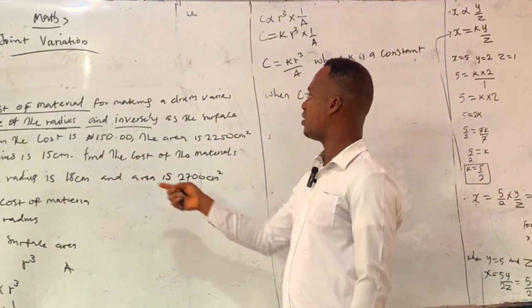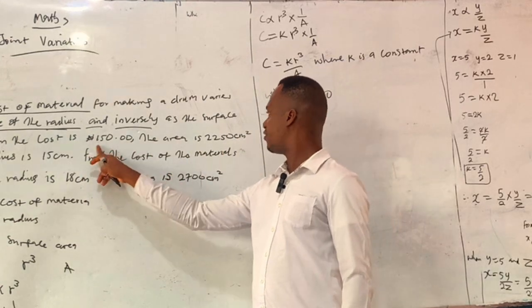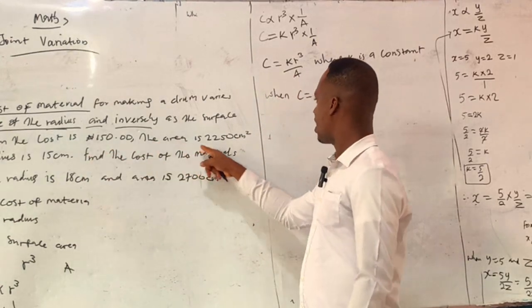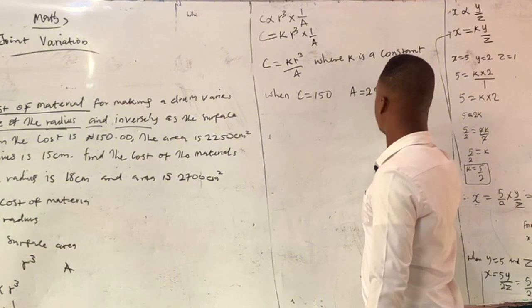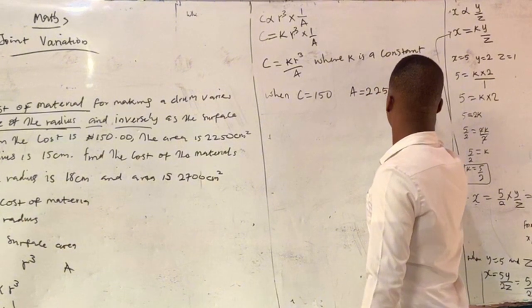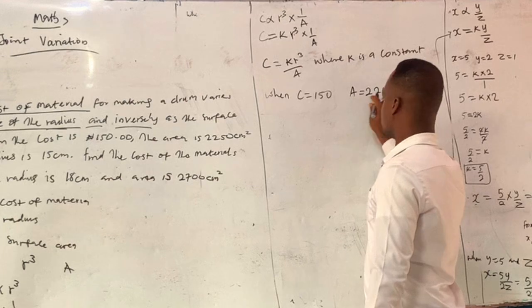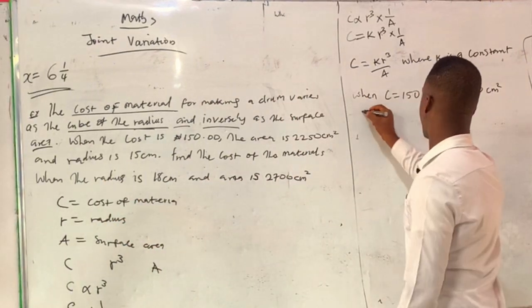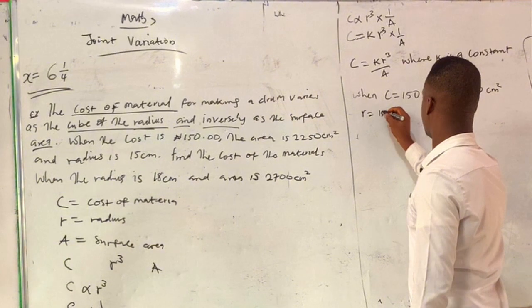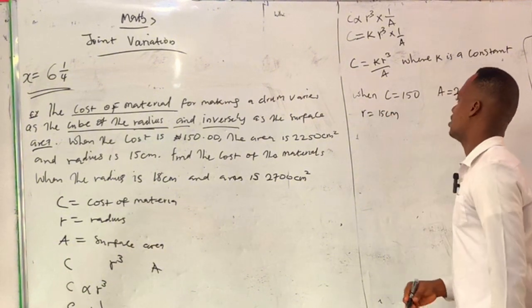But when we get our answer, if it is cost, we're going to write it in this form again. The area A is 2,250. We know it's in cm squared, but we're just going to use this number to calculate. And the radius R is 15 cm. We're just going to use 15 to calculate.